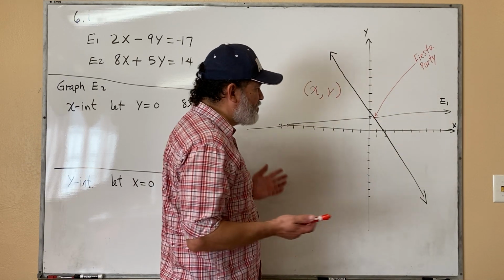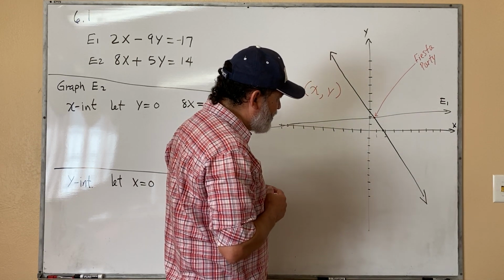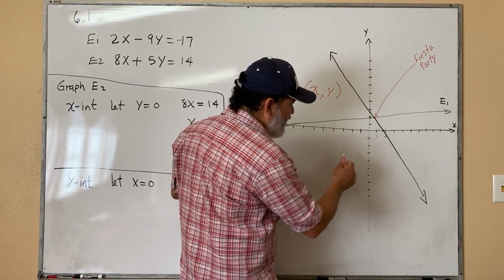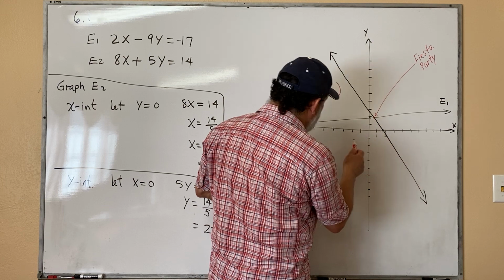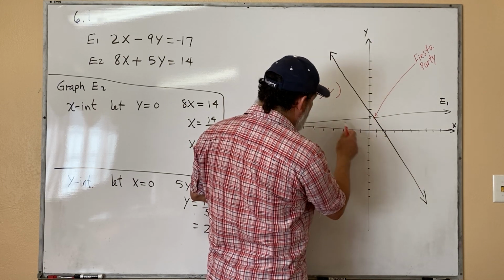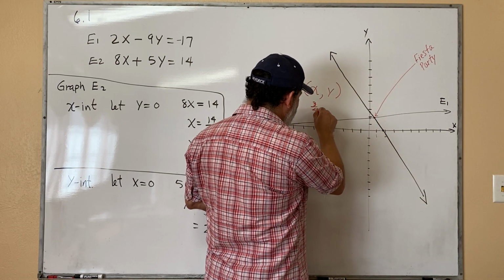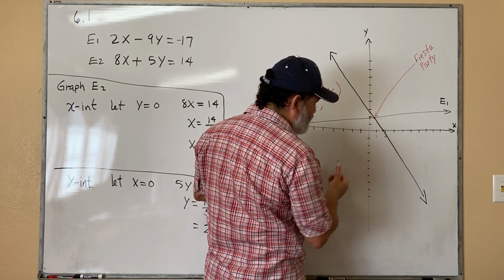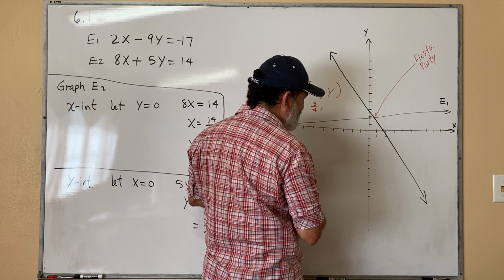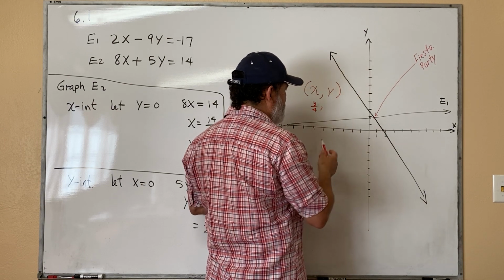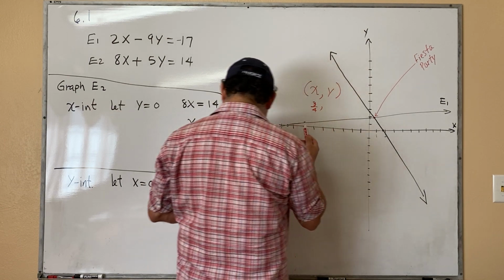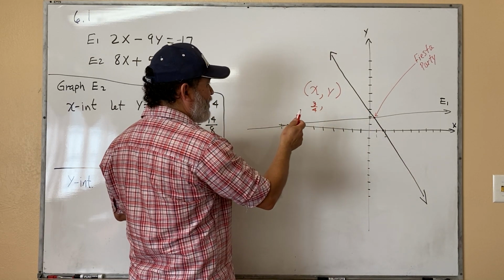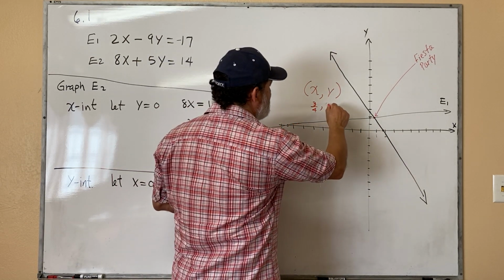What do you think it is? A wild guess, maybe x equals, I don't know, 3/4. y equals, I don't know, close to 2, but not really 2. Let's say 2.